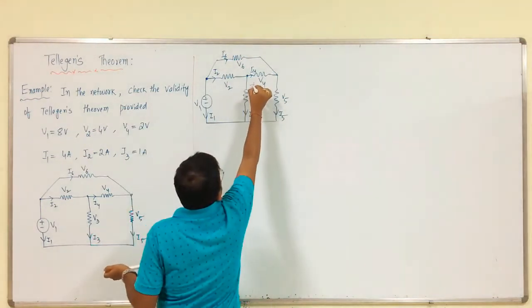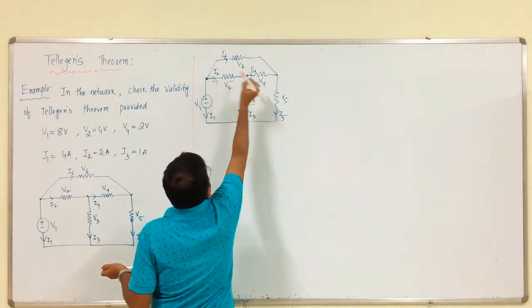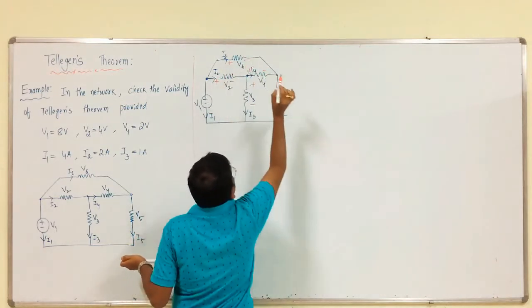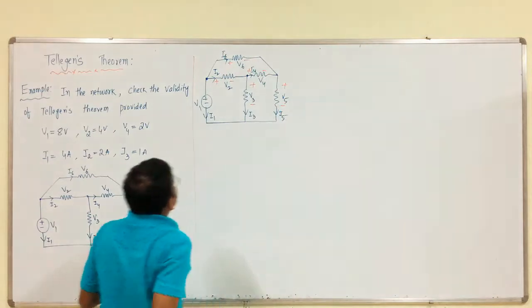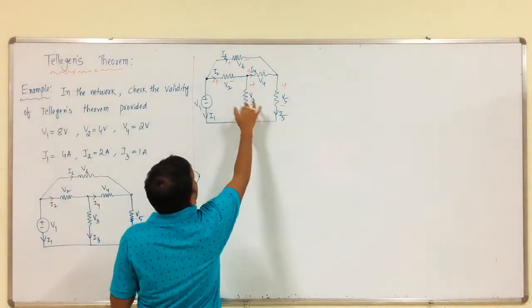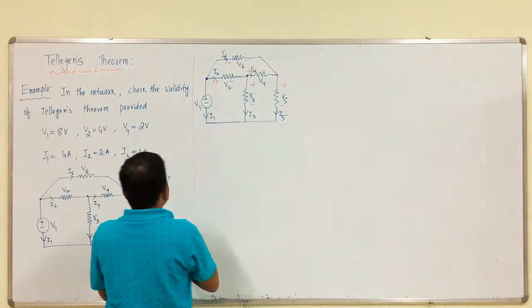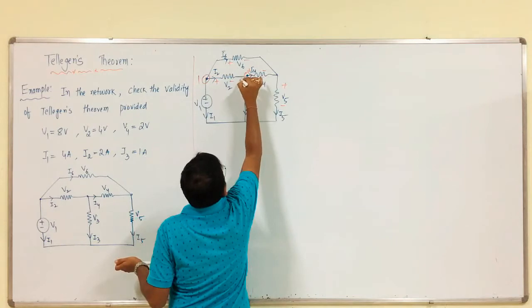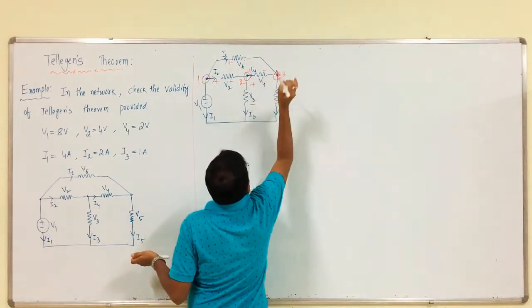So this is plus minus, plus minus, plus minus, plus minus, plus minus. How many branches do we have? 1, 2, 3, 4, 5, 6. 6 branches. This is node 1, node 2, node 3.